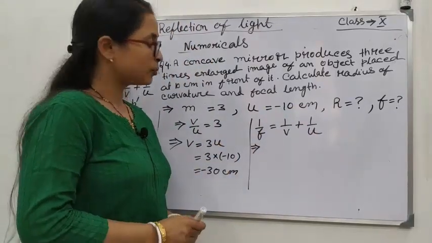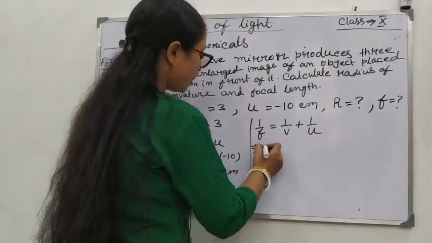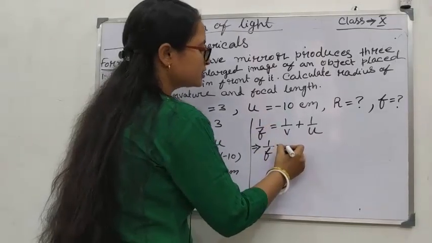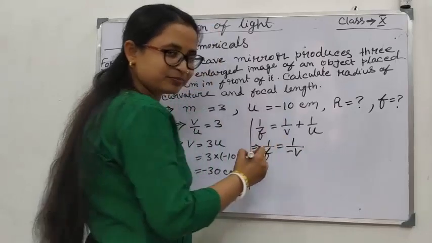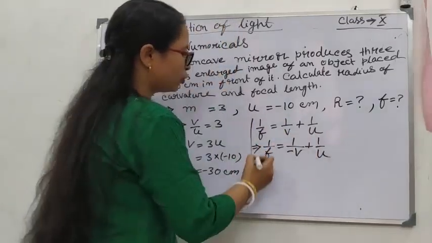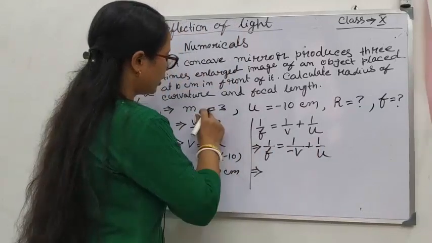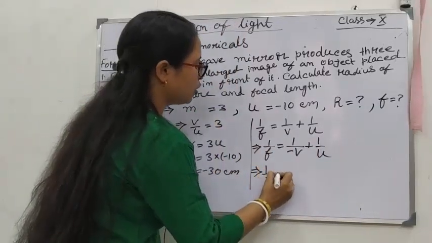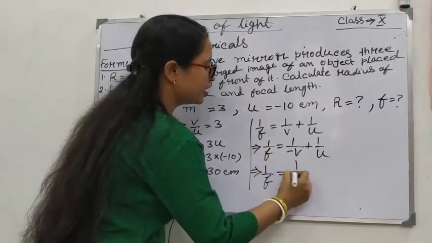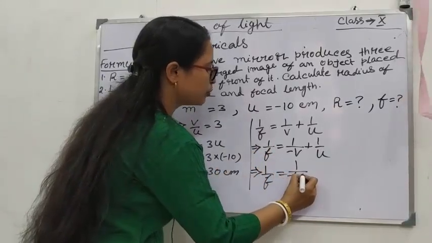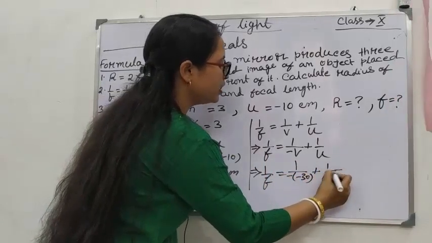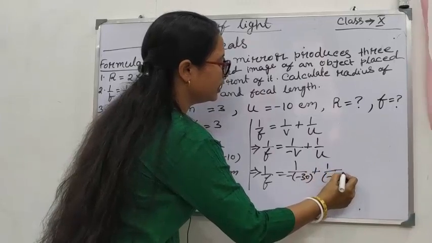Again, from the sign convention, the sign of v is negative now, as we have also explained in the previous numerical. So put all these values. What is the value of v? The value of v is minus 30. So 1 divided by minus 30 plus 1 divided by minus 10.